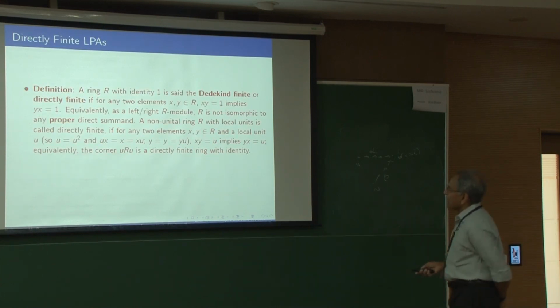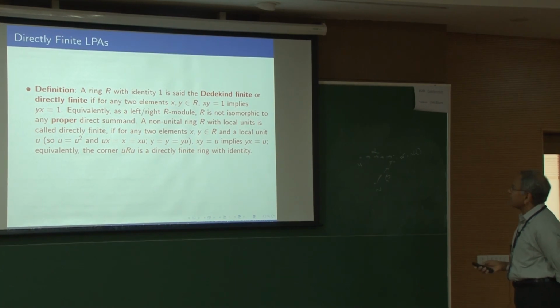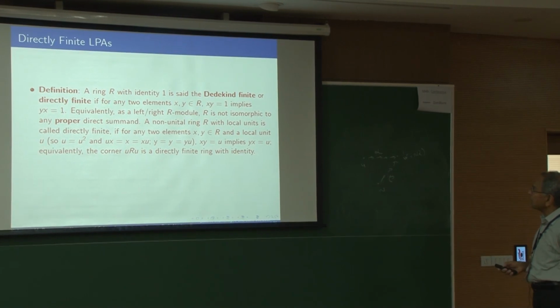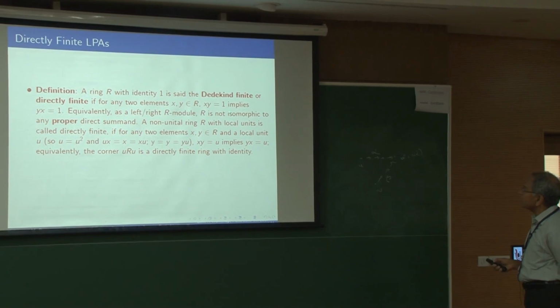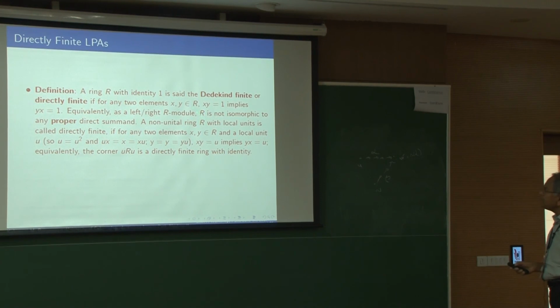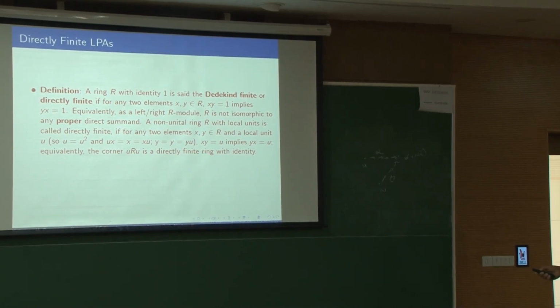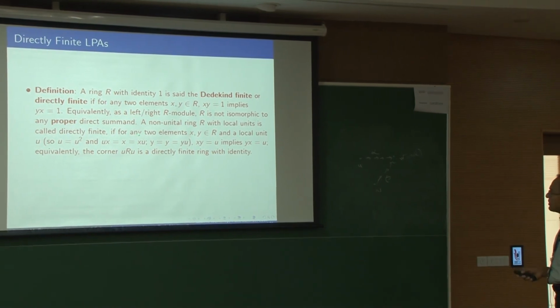I'd like to have one more property, if I may. A ring is said to satisfy the Dedekind condition, or be directly finite, if given elements x and y in a ring with identity, xy equal to 1 implies yx must be 1. Equivalently, this means that the ring R is not isomorphic, in the sense of modules, to any proper direct summand of itself. And for a non-unitary ring with local units, we can generalize it.